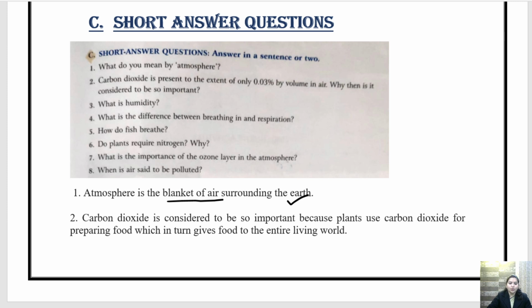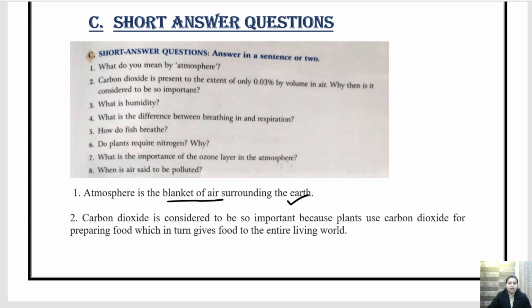The atmosphere is the layer that surrounds the earth and it also protects the earth from harmful rays and also maintains the temperature. But because it is a short answer question, you will write in one line: atmosphere is the blanket of air surrounding the earth.